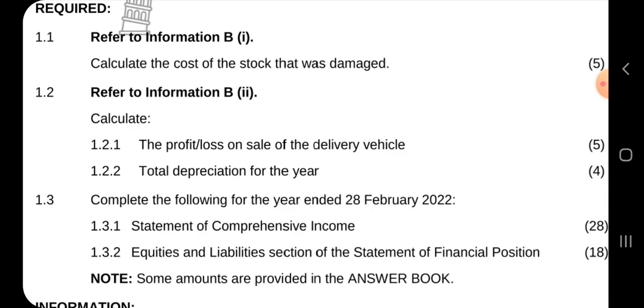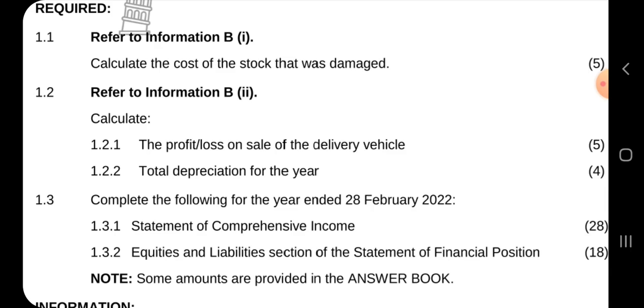You'll be given the carrying value at the beginning of that asset, and then you'll be told this asset was sold for this much. You have to calculate the depreciation of that asset for this financial year and apportion the months appropriately, and then subtract the depreciation for this period from the carrying value, and then you'll get the carrying value at the end.